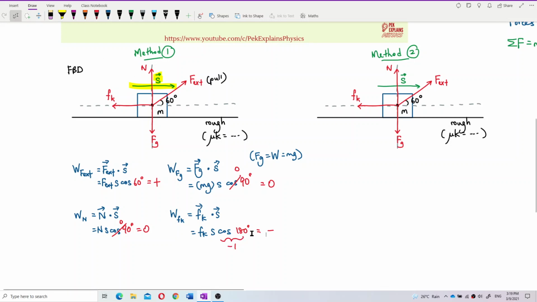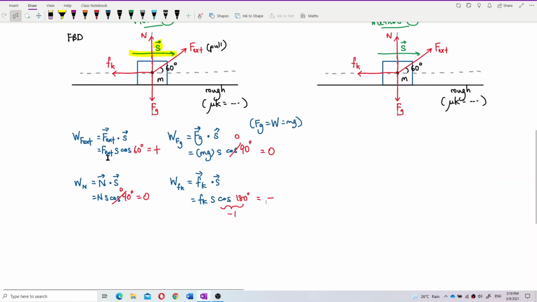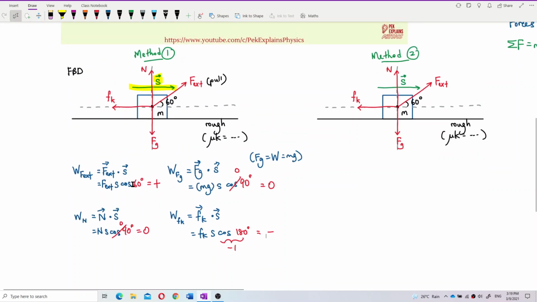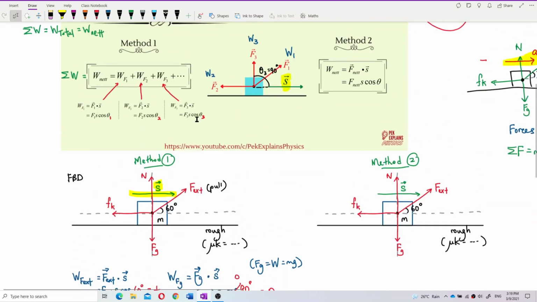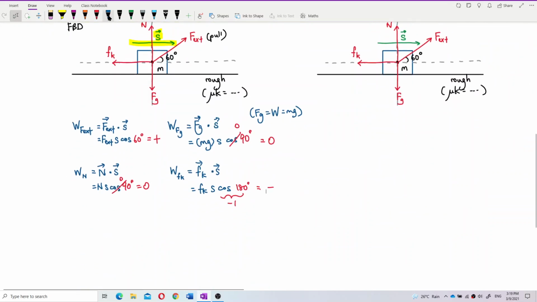Once you have the work done for each force, you total it up. To find the total work done, we write here: the total work done, or we can write the net work done, is the work done by external force plus work done by gravitational force plus work done by normal force plus work done by friction.